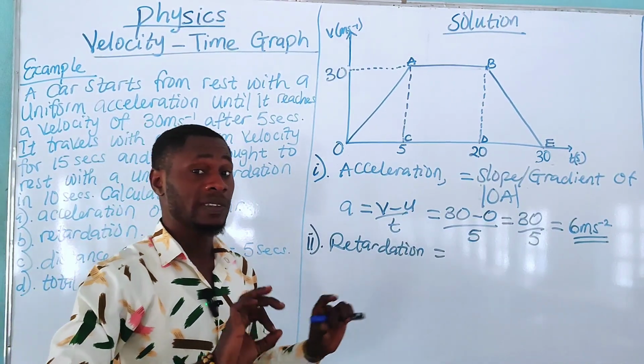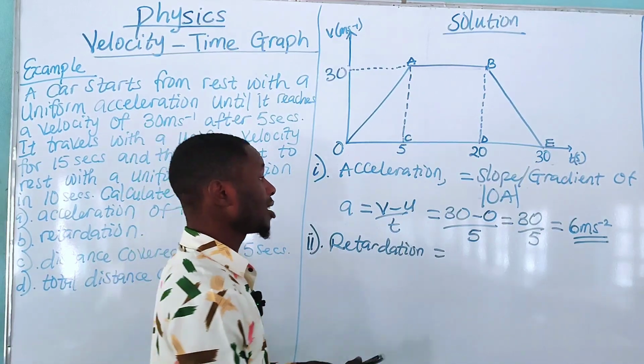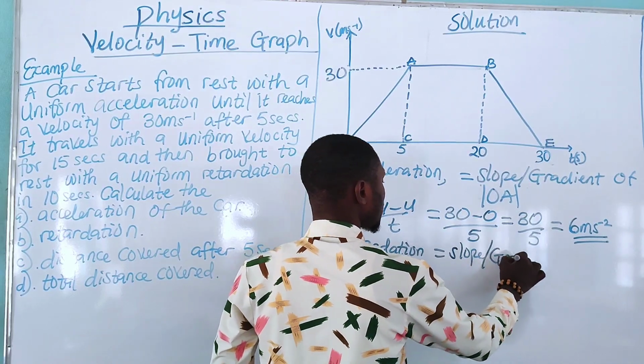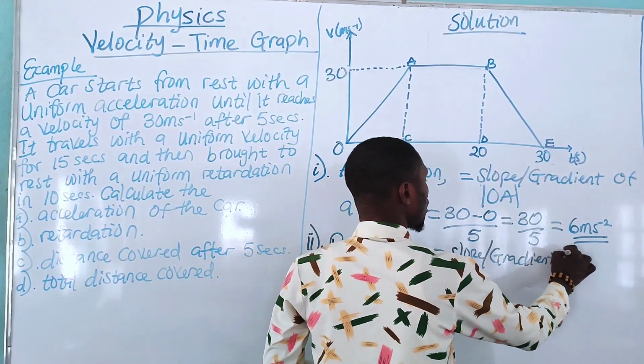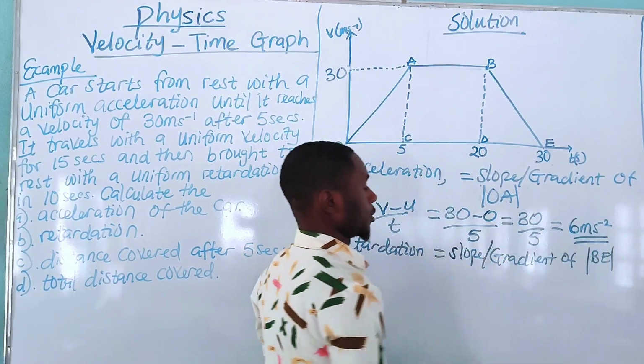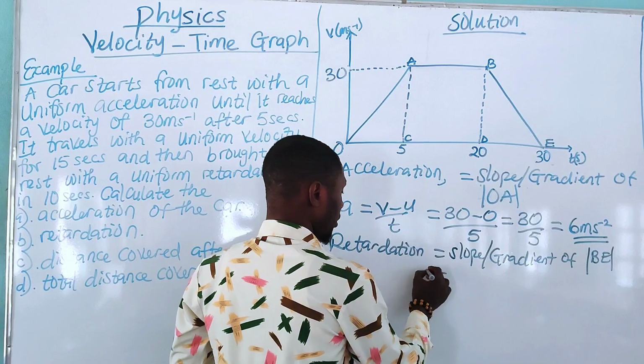That is where we obtain the retardation or the deceleration of the body. And it's similarly going to be equal to the slope or the gradient of line BE. So, which will be equal to the same thing.